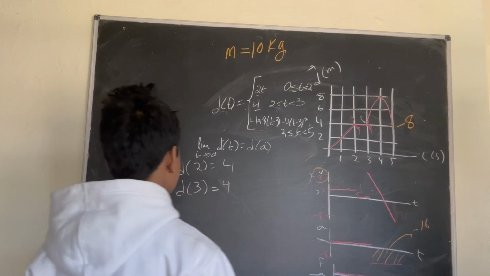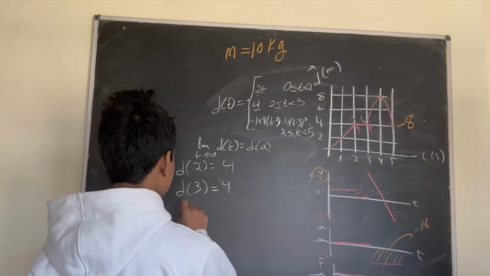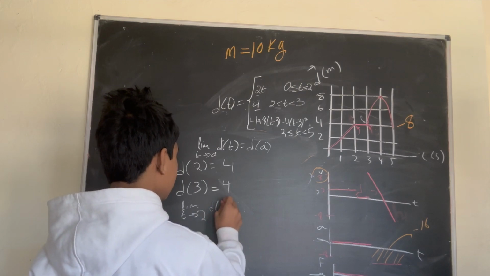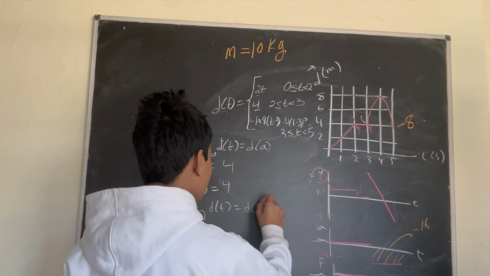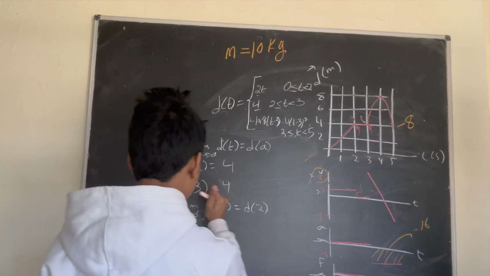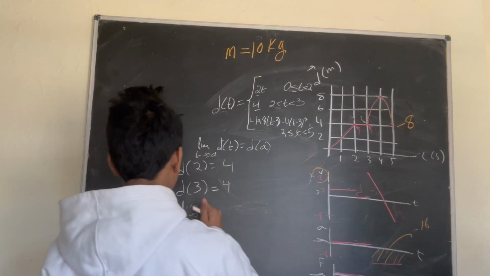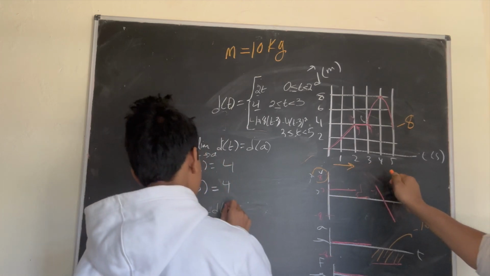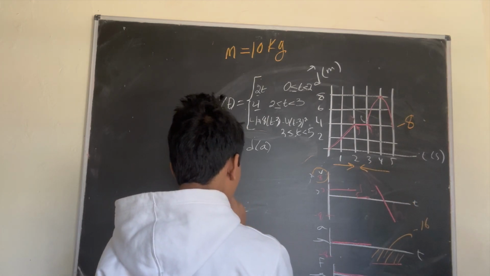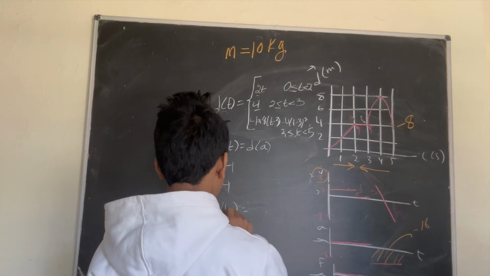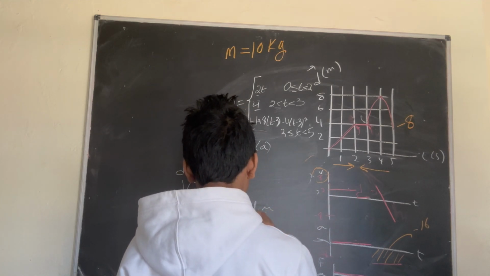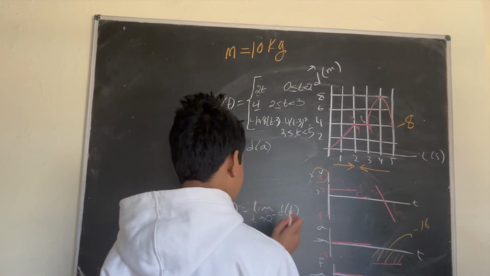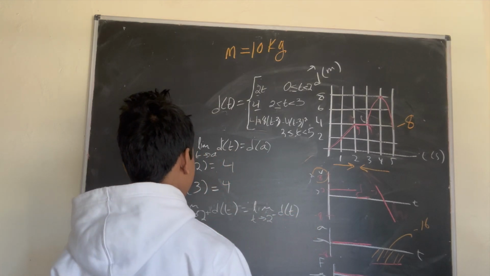So how do we show that the limit as t approaches 2 of d of t is equal to d of 2? Well, we have to show that the limit from the left is equal to the limit from the right first. Technically this is the limit from the left and this is from the right.